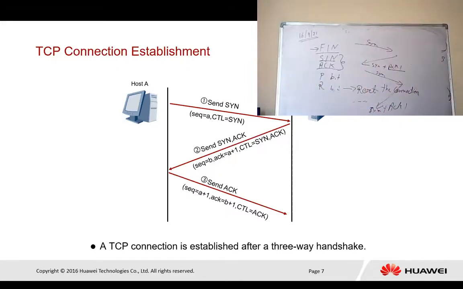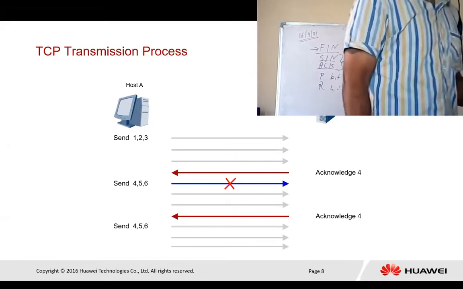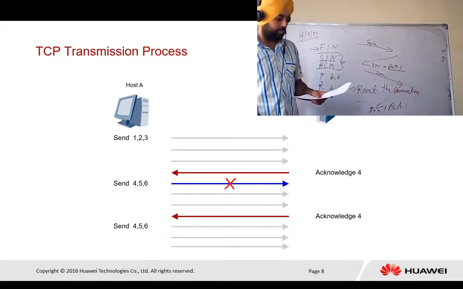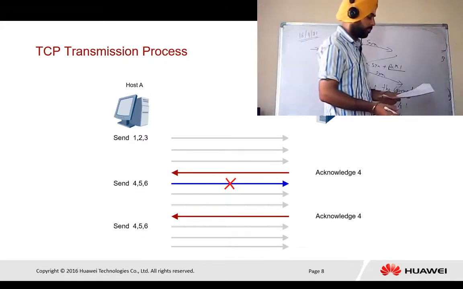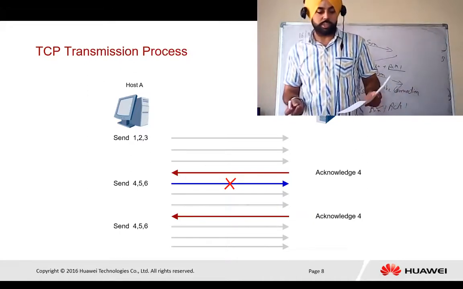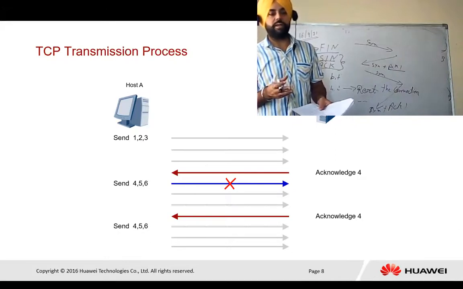So next we have the transmission process. So how does the transmission process occur? In this PPT, it creates a window. The blue line shows that one frame is lost in the given PPT.